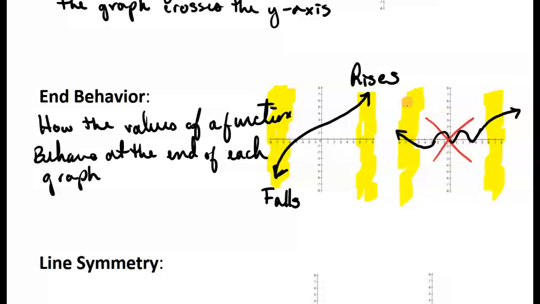And here, even though my arrow is mostly pointing left, end behavior is always up or down, rises or falls. In this case, it's rising slowly, but it's also rising. So it rises. That's end behavior. It's just what's going on at the very outside.